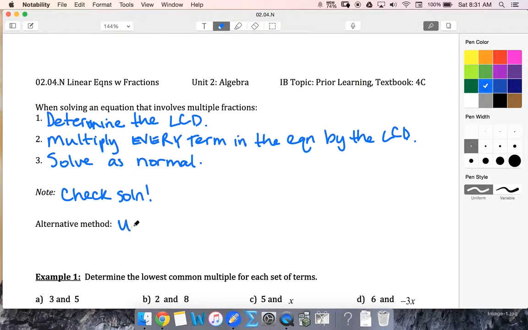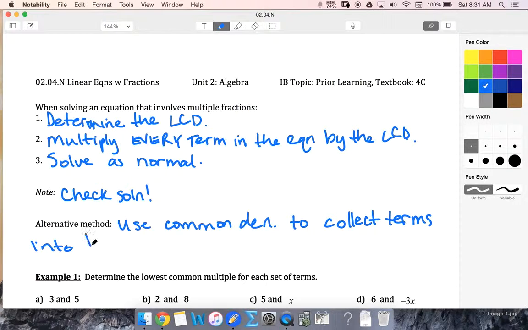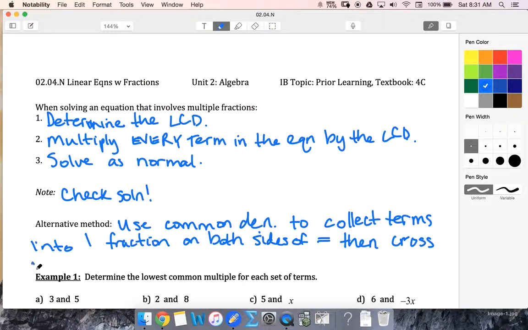So use common denominators to collect terms into one fraction on both sides of the equal sign. And then we can cross multiply. And solve like normal.